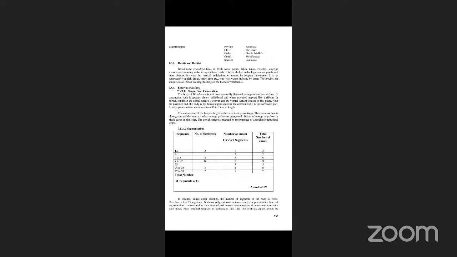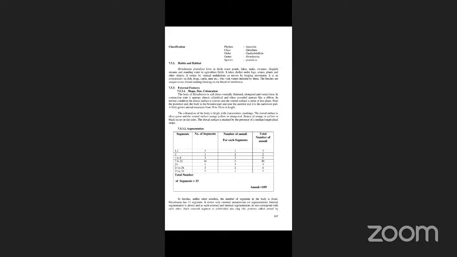So we'll just discuss the classification. It belongs to phylum Annelida, class Hirudinea, order Gnathobdellida, genus Hirudinaria, and species granulosa.